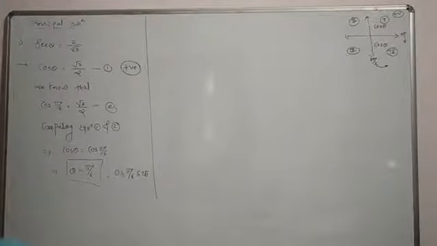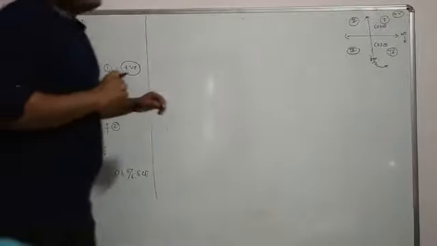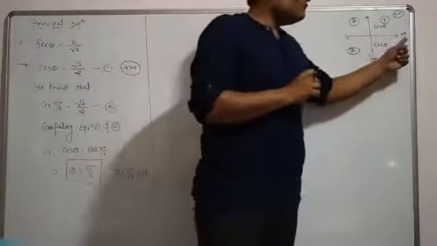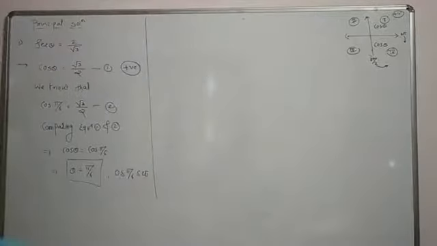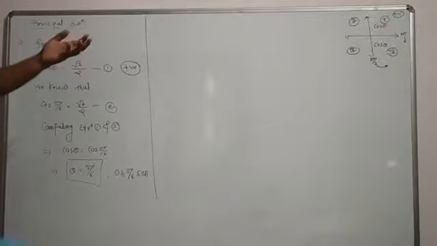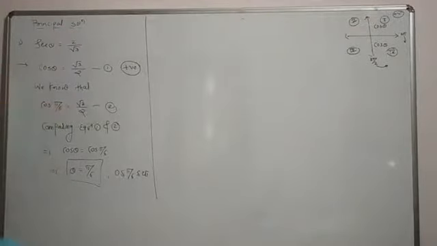I told you in the last lecture that you have to keep cos theta as it is. You can't change cos theta. By the allied angle formulas, if you add n pi, the trigonometric function will remain as it is, and only the sign from the quadrant will go to the answer.